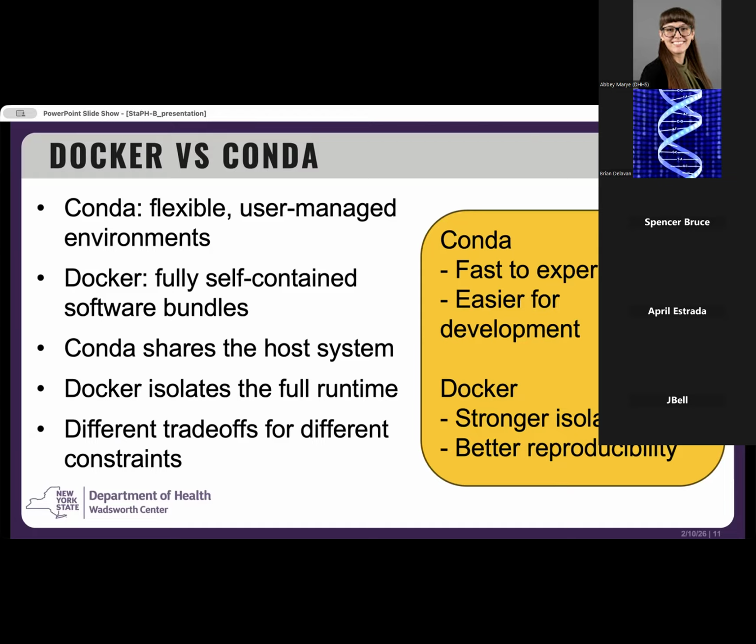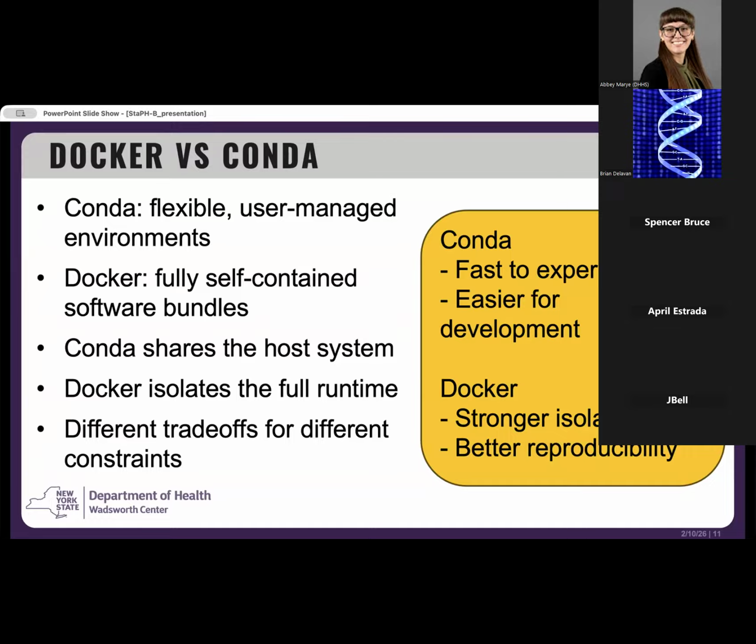Docker takes a different approach. Instead of managing environments on top of an existing system, Docker packages the software together with everything it needs to run. This creates a single self-contained bundle that behaves the same way wherever it's executed. And we all know this because StaPH-B has curated a wonderful collection of Docker containers for us to pull when we're designing pipelines.